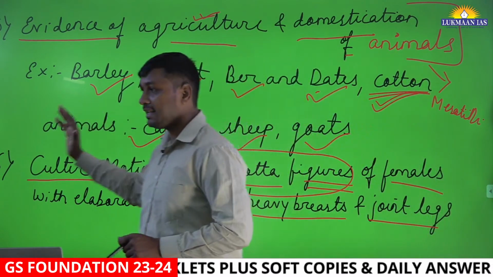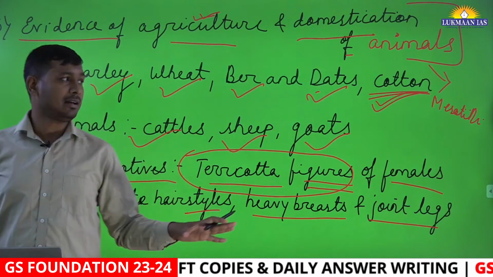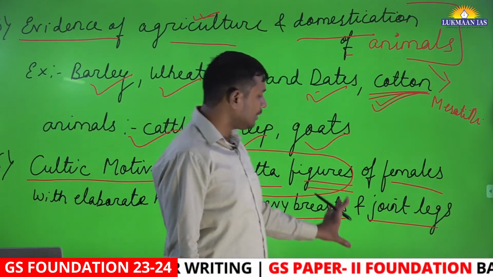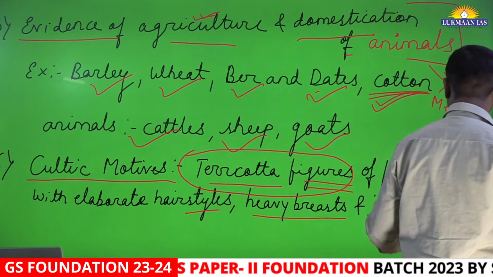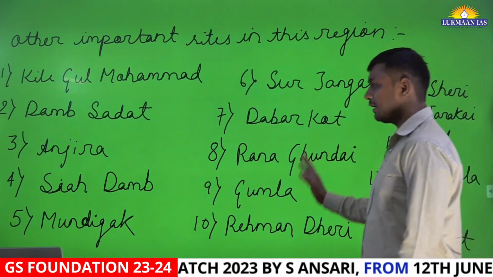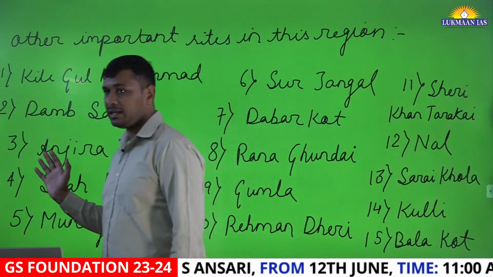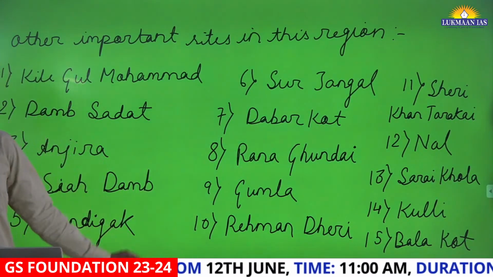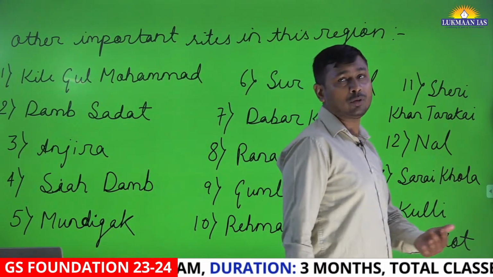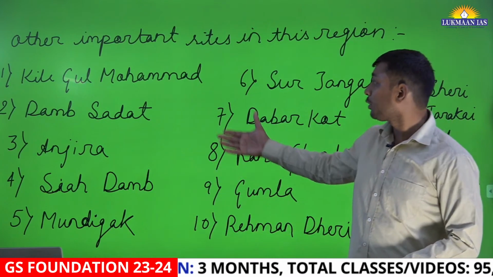Now, as this area lies in the Baluchistan area, apart from Mehargarh, there are many other Neolithic sites also, which are very important. Even if you can't remember, at least you can write them down in your notes, and it would be very helpful especially for all those history optional students who are going to appear in this time's mains.